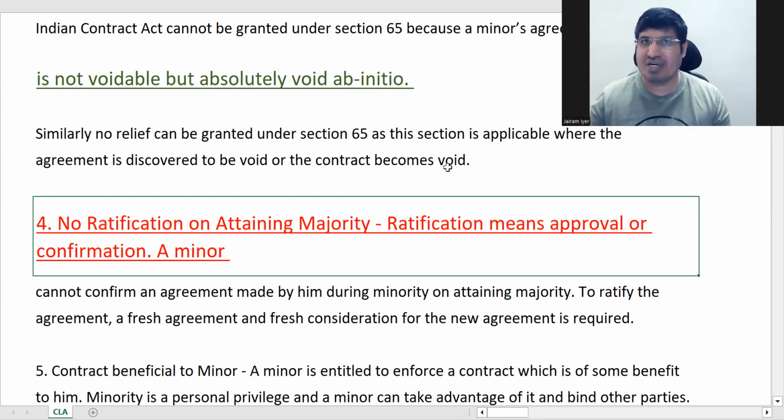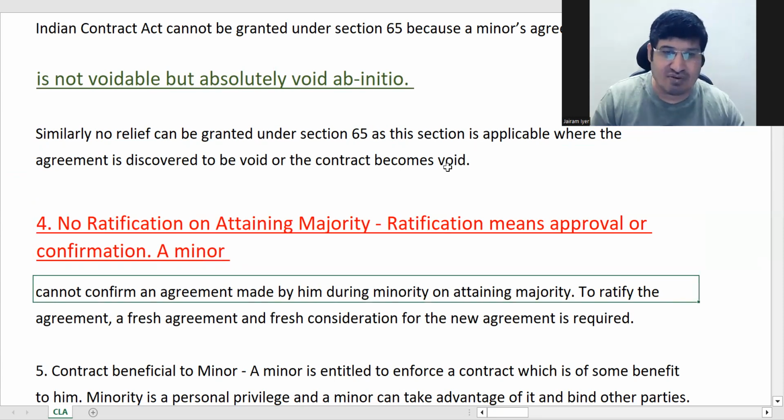So after becoming a major, he cannot ratify it. He can go for a new contract, based on whatever the conditions are on that date. But that old contract which he made as a minor will be void. So you cannot ratify it.